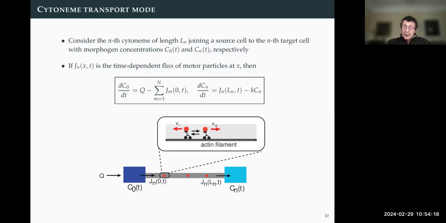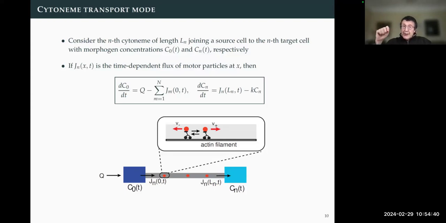It's a compartmental model. At the compartmental model level, let C naught be the concentration of morphogen in the source cell, produced at a rate Q, and lost through the fluxes entering the various cytonemes that are then transported to the target cells.